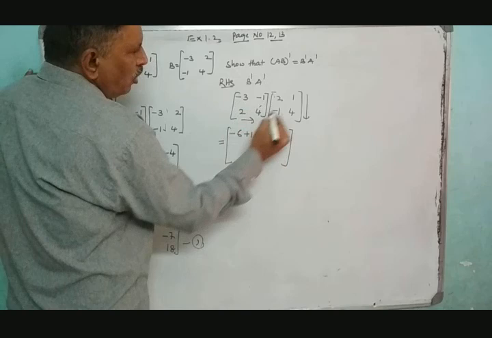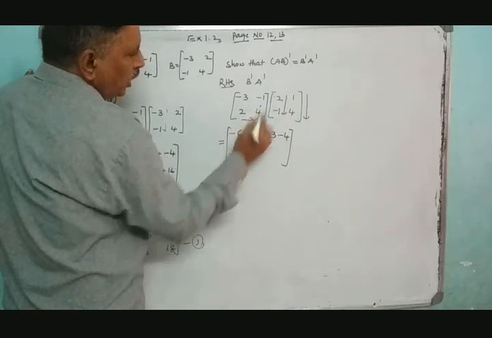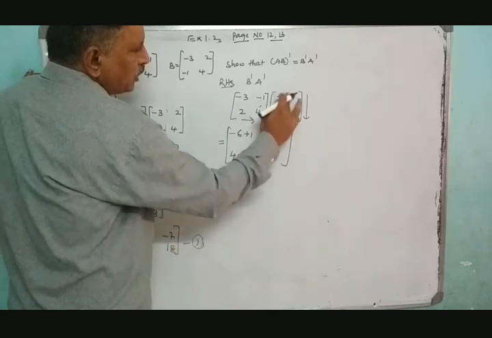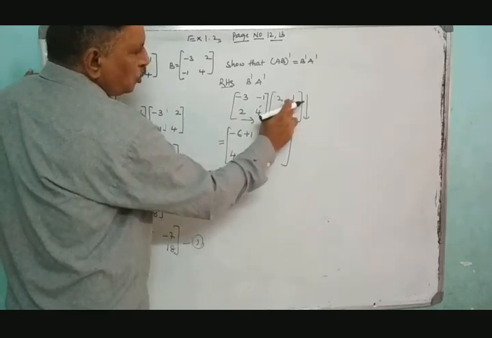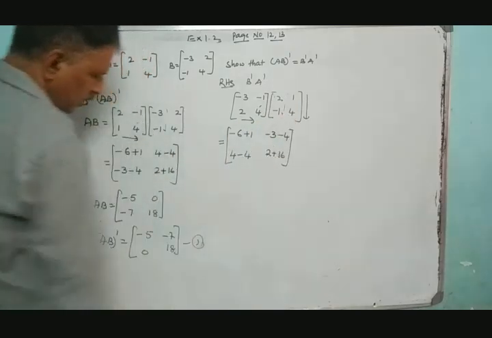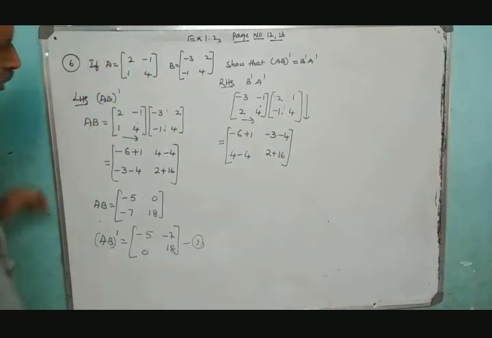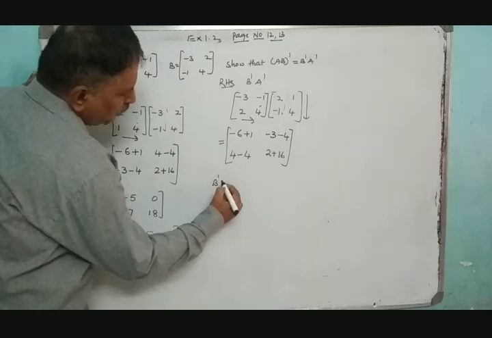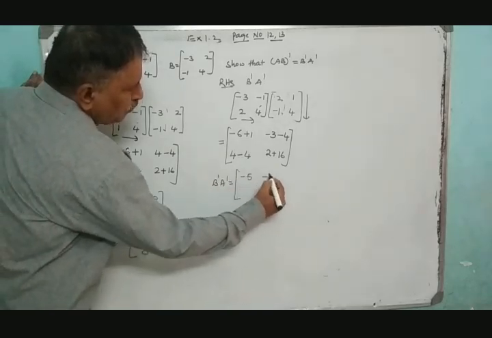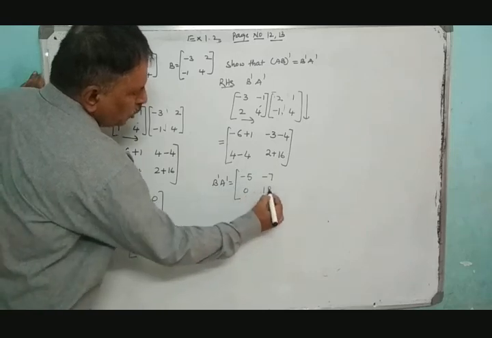Next, second row, first column: 2 2s are 4, plus into minus, minus 4, so 0. Next, second row, second column: 2 1s are 2, plus 4 4 times is 16, so 18. So B transpose A transpose is equal to [minus 5, minus 7; 0, 18].